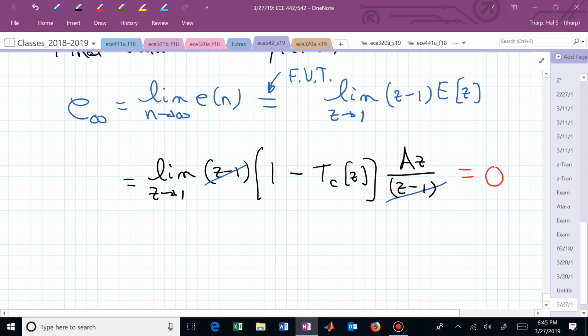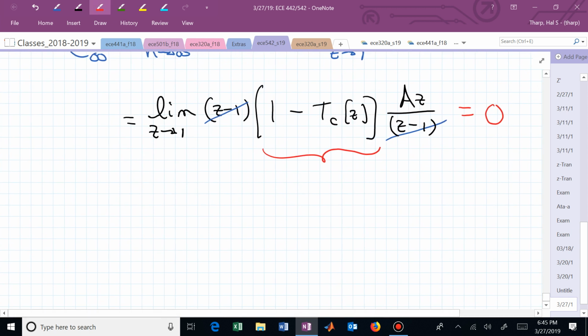And if we want this to equal 0, what does that impose? As z goes to 1, do you see that we can now look at what T sub C must equal as z equals 1? It has to equal 1. So that steady state accuracy spec produces the limit as z goes to 1 of T sub C of z equaling 1.